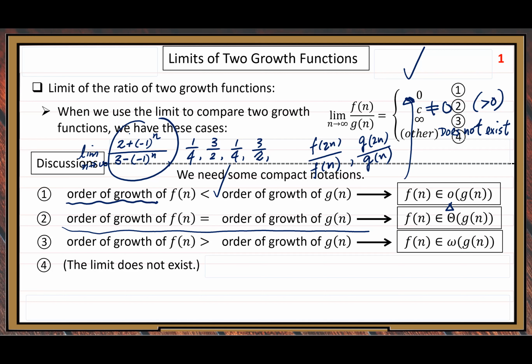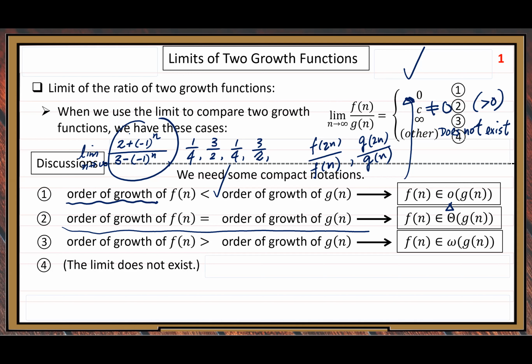The third case, this time you say f of n belongs to little omega of g of n. Little omega, our third asymptotic notation. The ratio is infinity, little omega. And you can use the limit directly for case 1 and case 3.